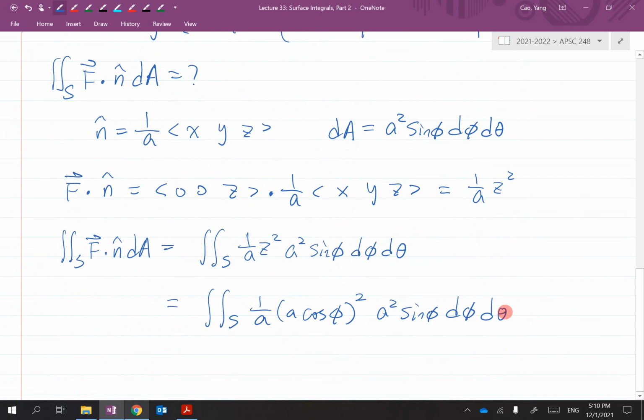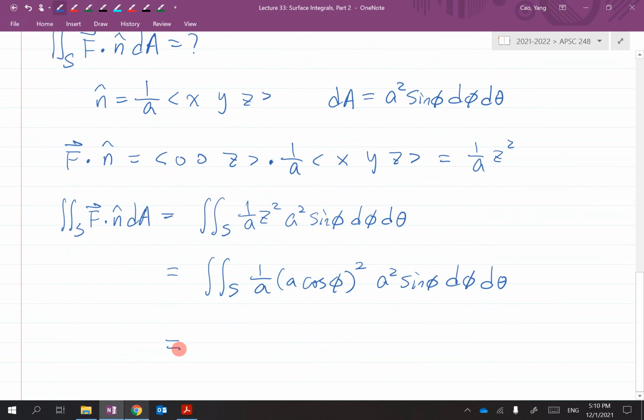Now simplify. One A cancels, but you have A squared out of this A cosine phi squared. So we end up with A cubed, and then cosine phi squared sine phi d phi d theta.